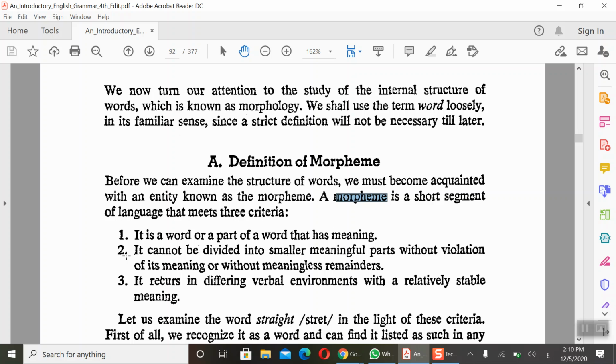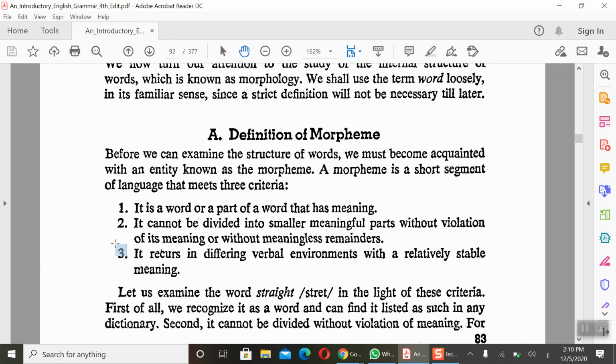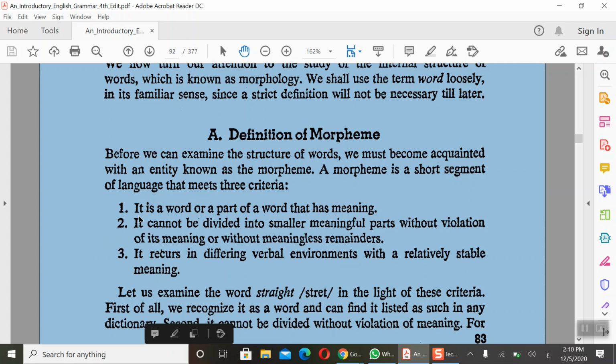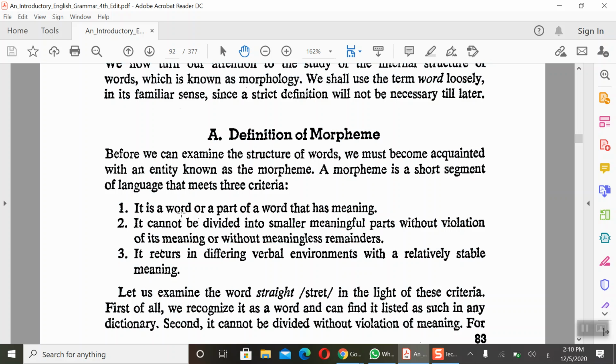3 criteria for morpheme. Number 1, a morpheme is a word. As I told you, a morpheme is a word, any word or part of a word that has meaning. It is a word or a part of a word that has meaning, not meaningless.